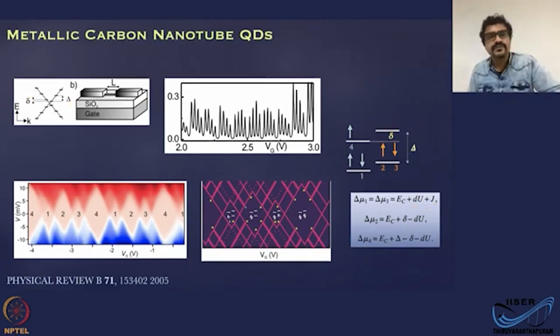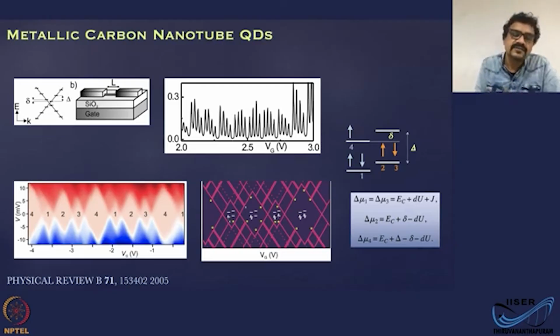The story of metallic carbon nanotube based quantum dots is slightly different, but very interesting. In the previous slide, we saw the shell filling sequence for a circular disc-shaped quantum dot. What we have here is a quantum dot realized by a very short metallic carbon nanotube.